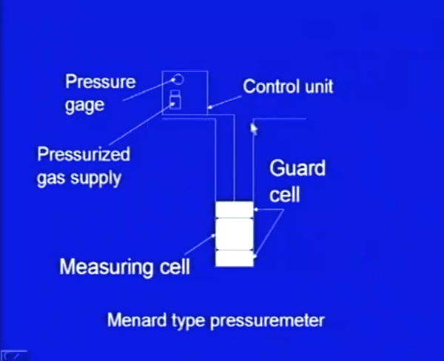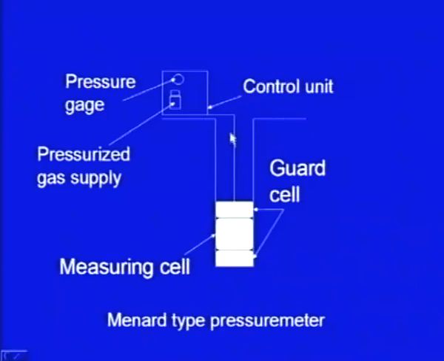Here is the ground level, here is a hole, the borehole, and in this borehole, this is the measuring cell, and these are the guard cells at the top and bottom, and then pressure is applied. Because of this pressure, there will be some deformations in the wall.